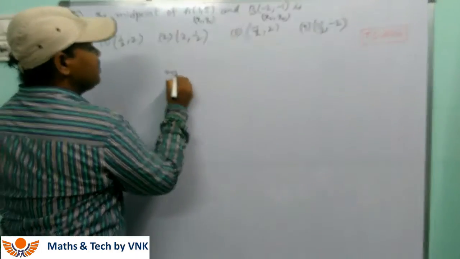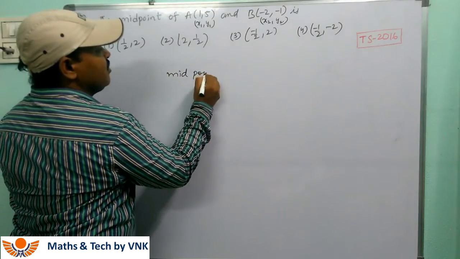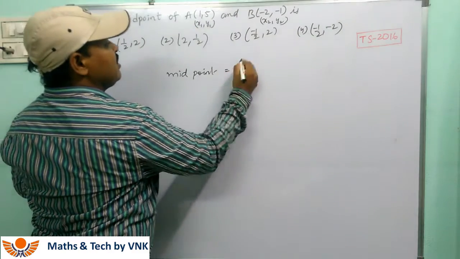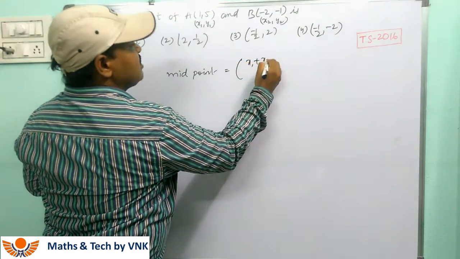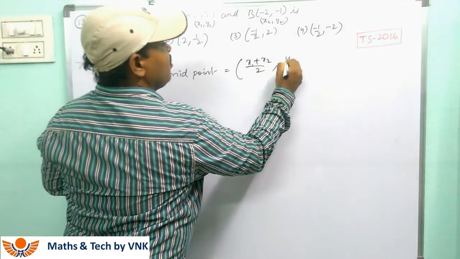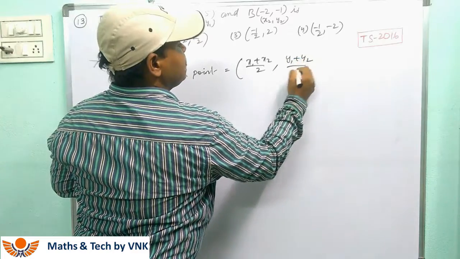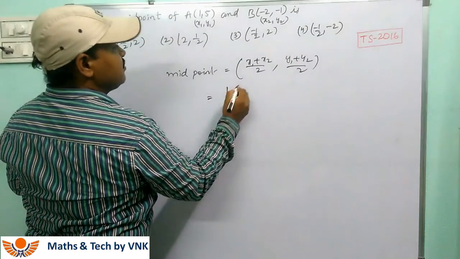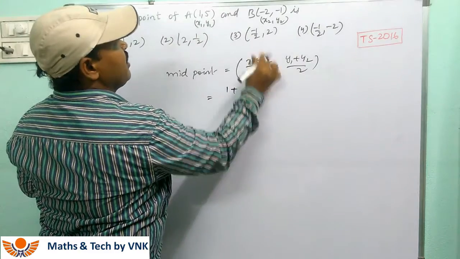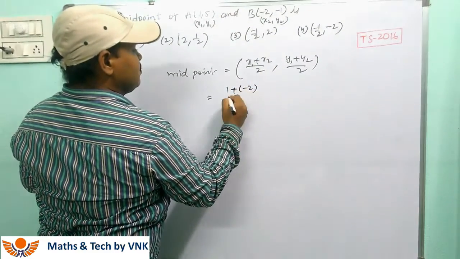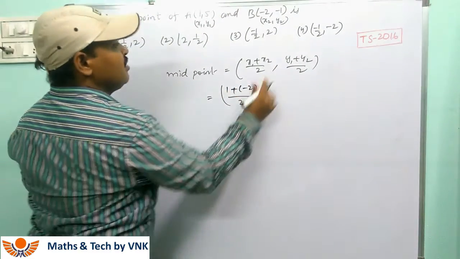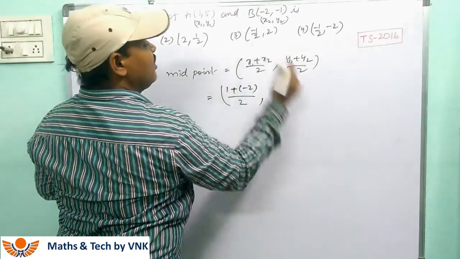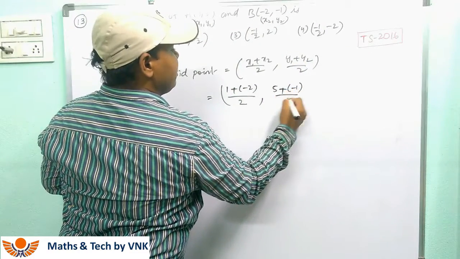Then the midpoint of (x1, y1) and (x2, y2) is ((x1 plus x2) by 2, (y1 plus y2) by 2), which is equal to ((1 plus minus 2) divided by 2, (5 plus minus 1) divided by 2).